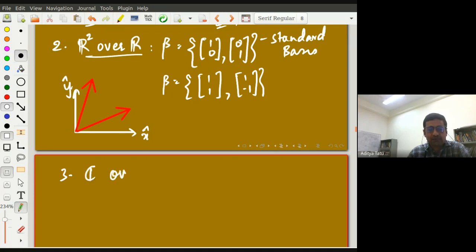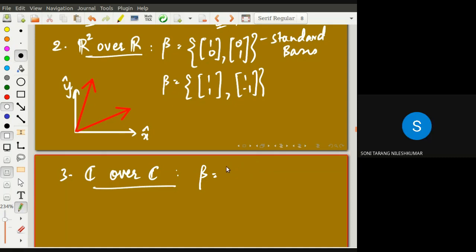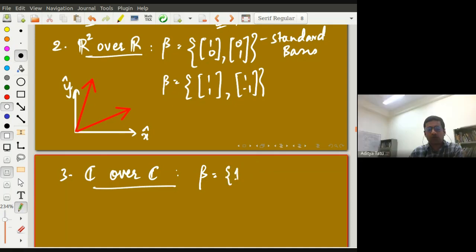How about C over C? What is the basis here? So 1 and j. How many of you agree with this?